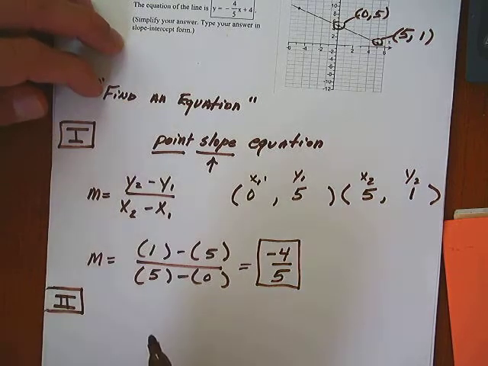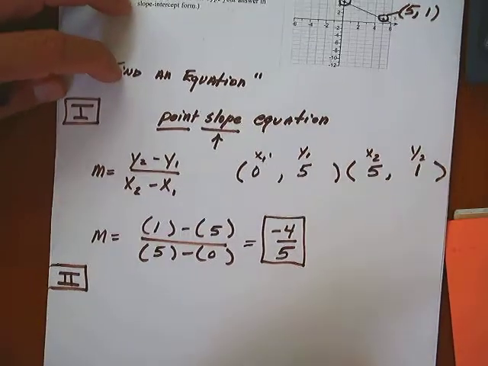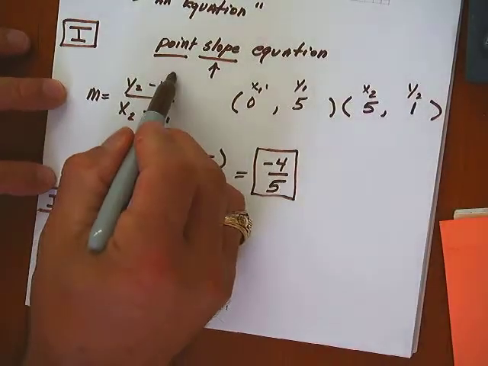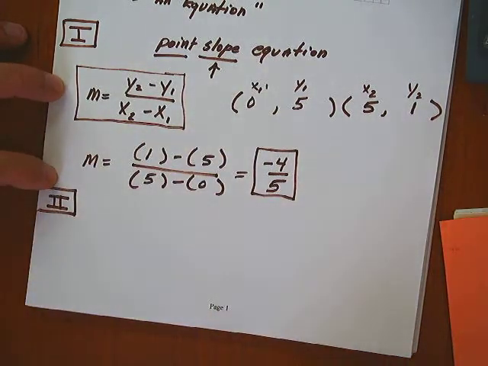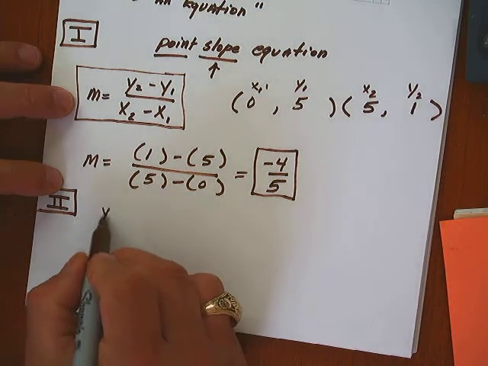The second part of the point slope equation is to take the point and the slope and work it into the equation. All of it comes from this formula right here. If you solve for y, you will get the point slope equation.